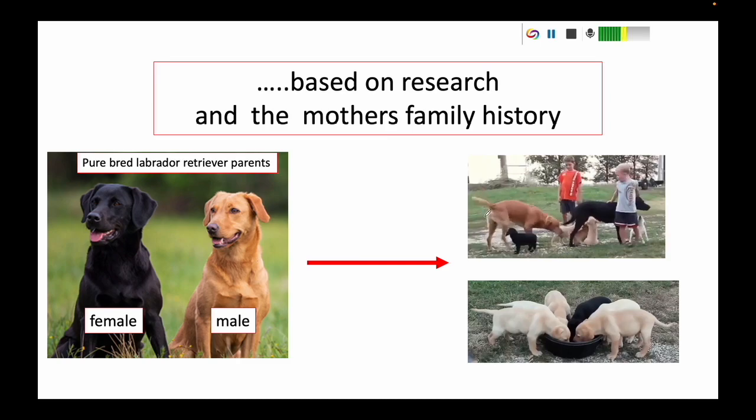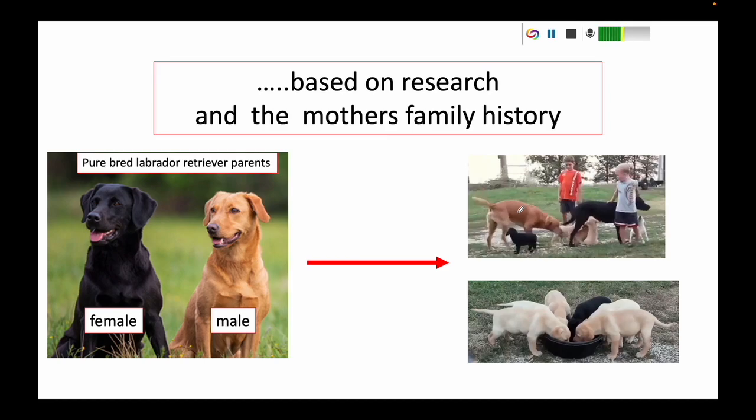As it turned out, I kind of kept up with the story, and once the puppies were born, my wife and my daughter and one of my sons went out there, and I wanted to shoot a video of the family that I could use in my genetics teaching.